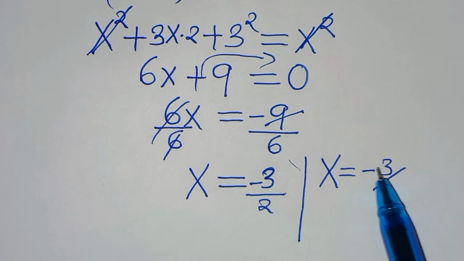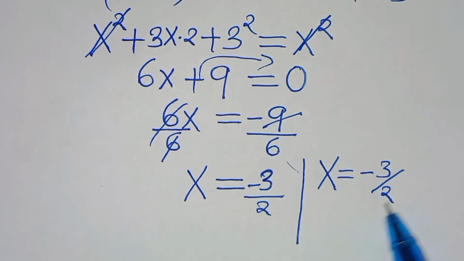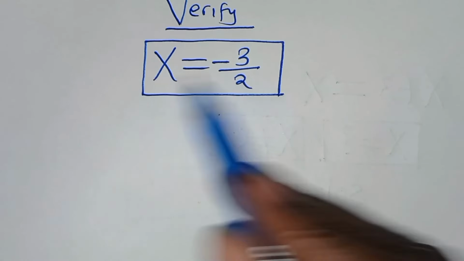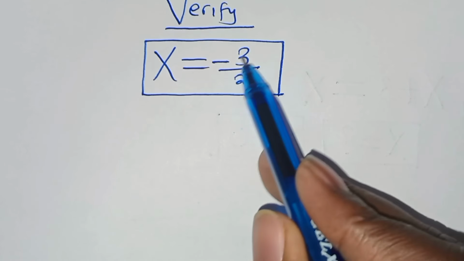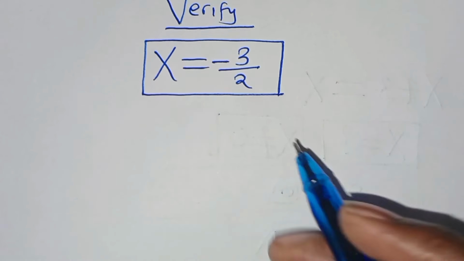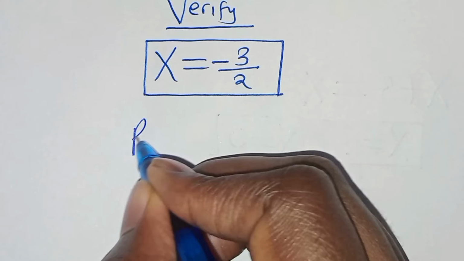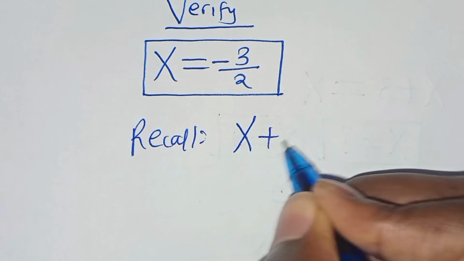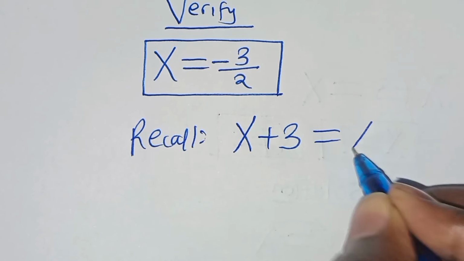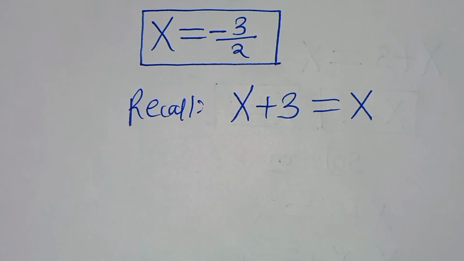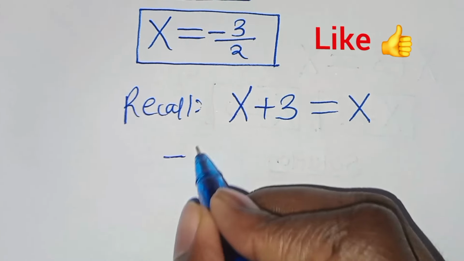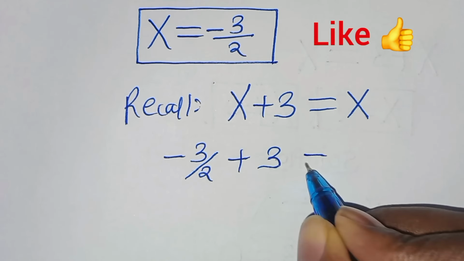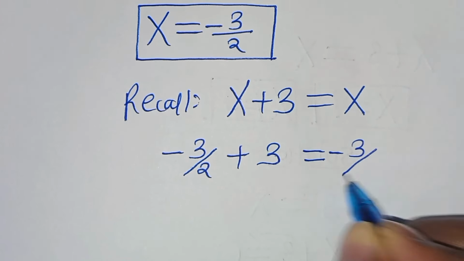The next step from here, let's verify that this value of x satisfies the equation. If you recall, we have x plus 3 equal to x. Let's substitute x, which is minus 3 over 2, plus 3, equal to minus 3 over 2.